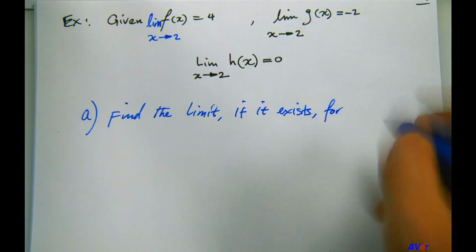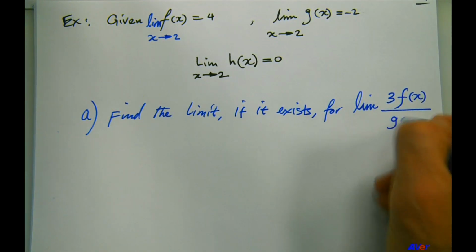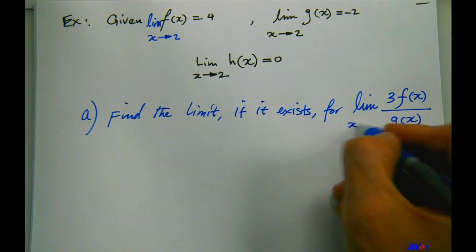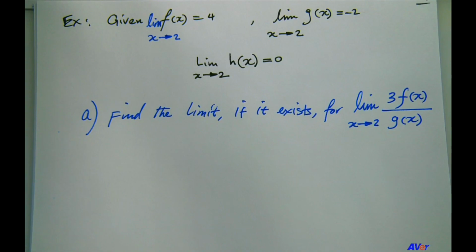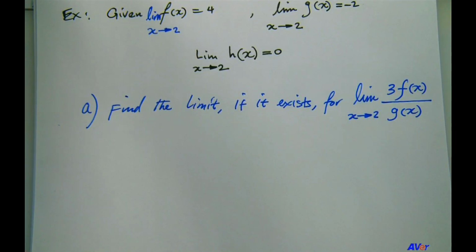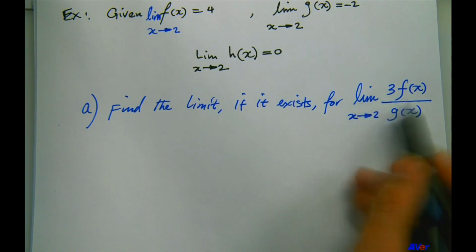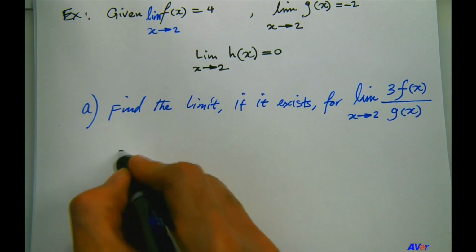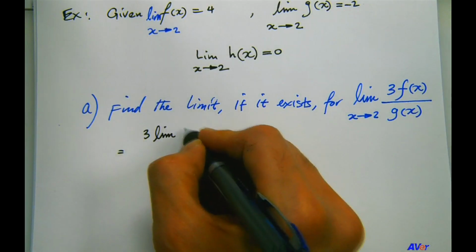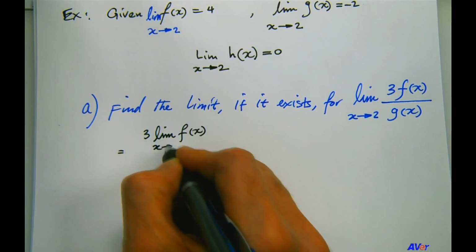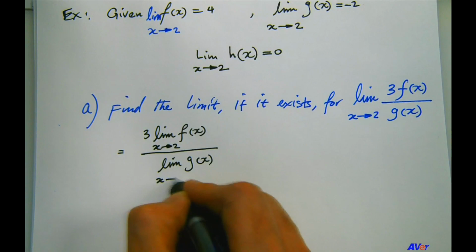for this limit of 3 times f of x divided by function g of x as x approaches 2. Okay. So of course, from the properties that we just talked about, we know how this will translate using those properties, right? So we have 3 times the limit of f of x as x approaches 2 divided by the limit of function g of x as x approaches 2, right?